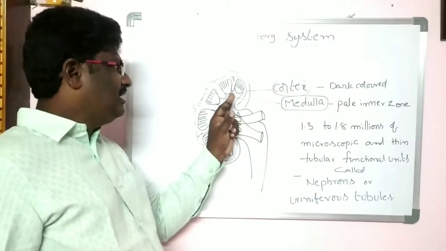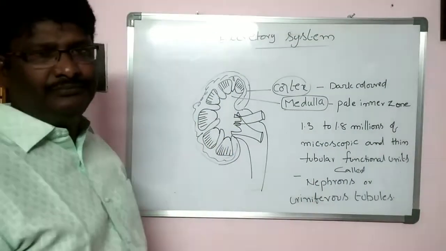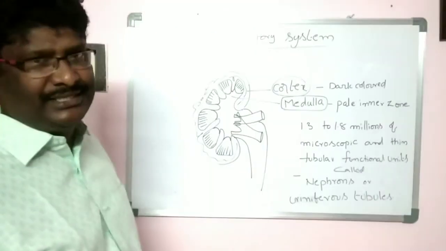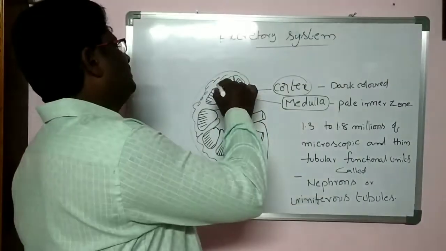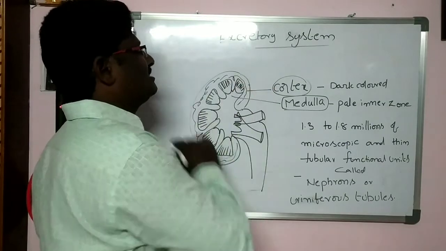In the dark color zone, the outer cortex, if you observe, there are hair-like structures.